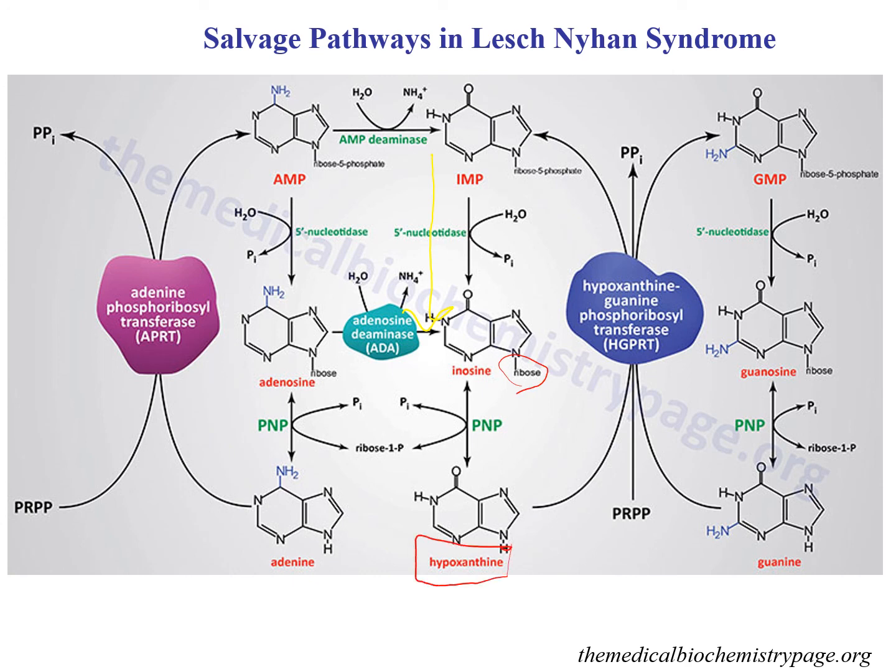The salvage pathway, as shown here, takes that hypoxanthine and regenerates the IMP, or it takes that guanine and regenerates the GMP. Again, salvage pathway, it goes back. It goes back to the IMP state, the GMP state, or the AMP state in the form of the APRT genes.